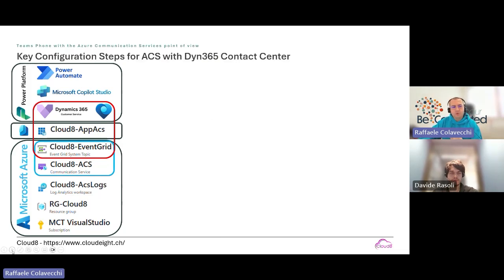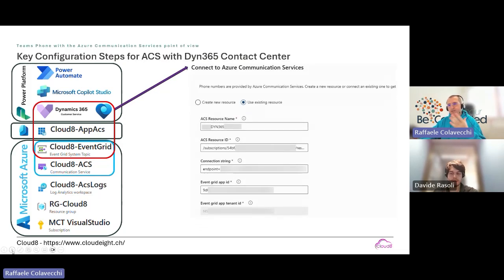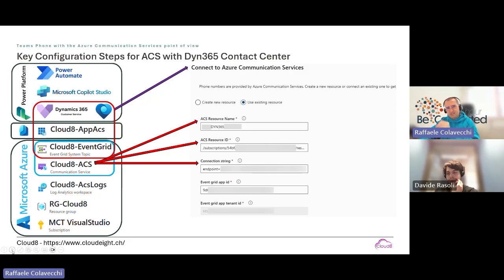Okay. We can look at the configuration. In this case, I would like to explain how to configure the contact center, but only to understand the objects that are in play. We need to go into the Dynamics Contact Center, connect to Azure Communication Service, and insert the parameters of the communication service in this window.